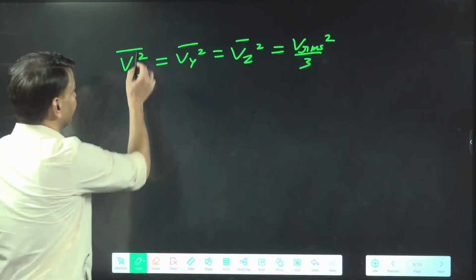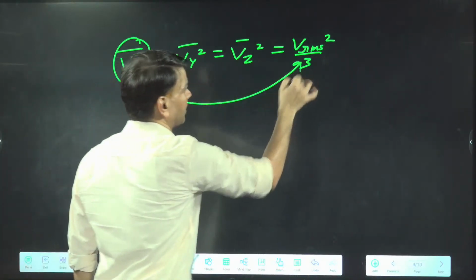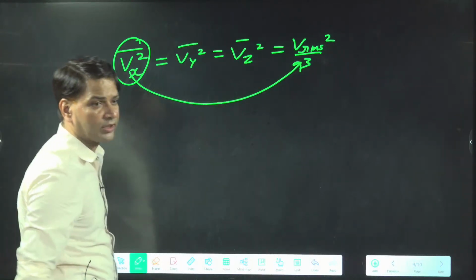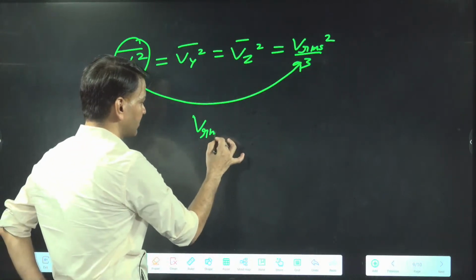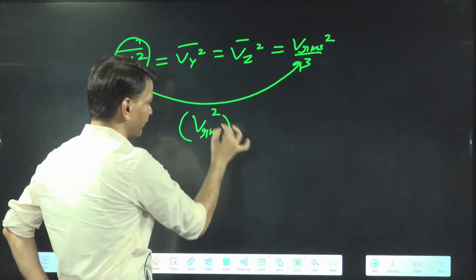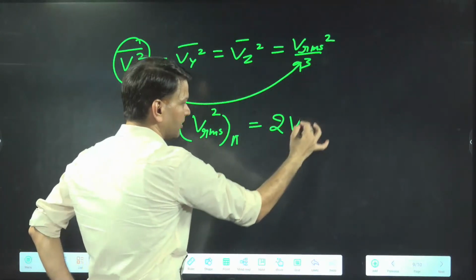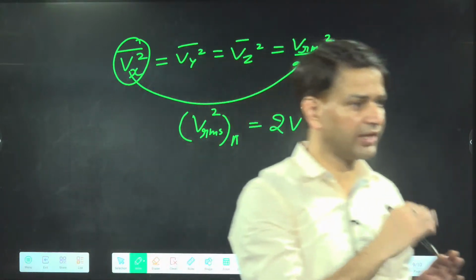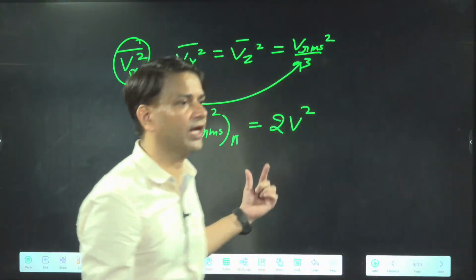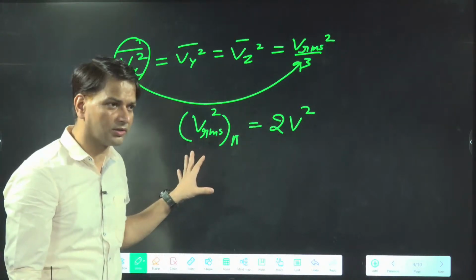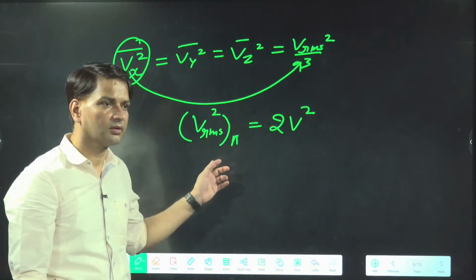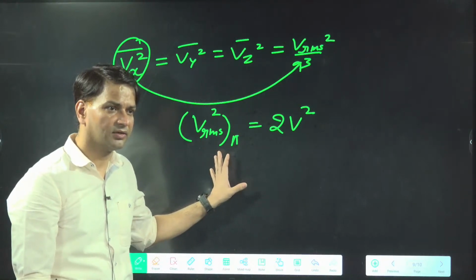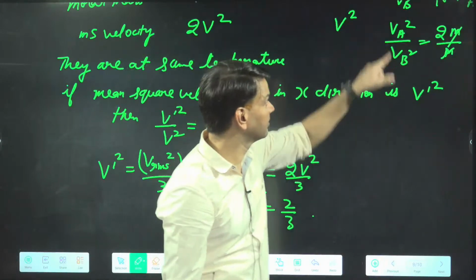Now here Vx square bar is equal to Vrms square by 3. Vrms square of A I got 2V square. Why? The mean square of B I have given as V square, but the mass of A is half. That's why Vrms square of A I got 2V square. This step is okay.